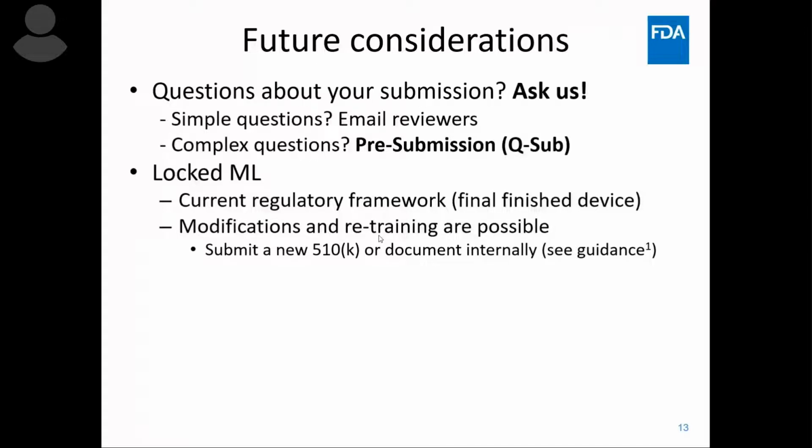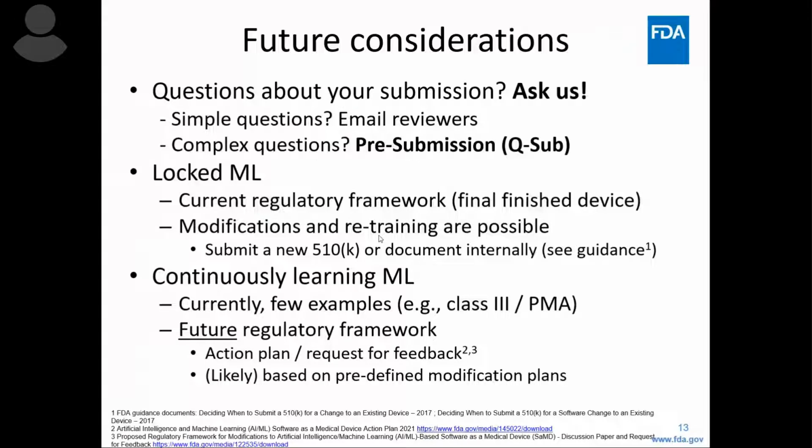In the future, we may see more continuously learning machine learning devices. There are a few examples now for high-risk devices, mostly in the imaging field, but FDA is working on a future regulatory framework. There is an action plan that was published a couple of years ago.